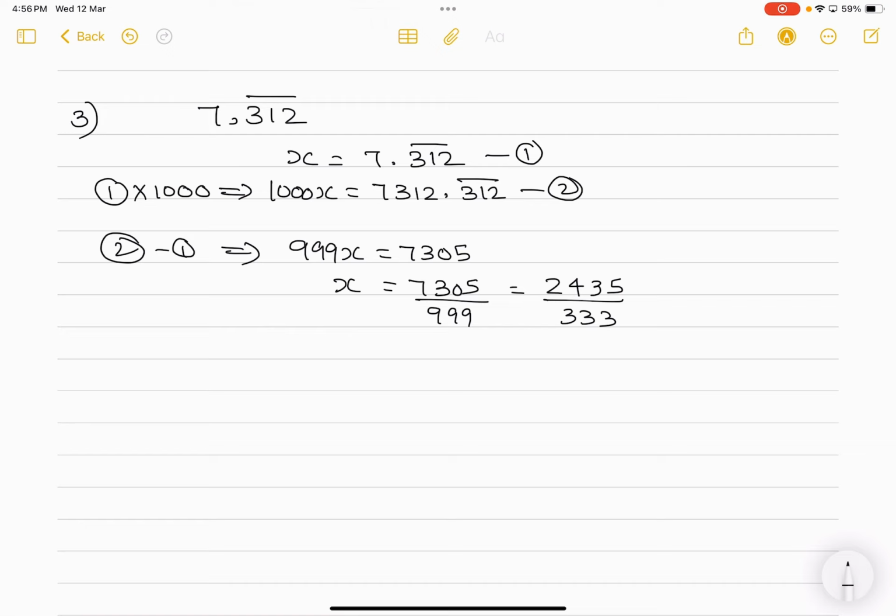Why only a 3-digit number? My dear, subtracting 7 from a 4-digit number, it will not become a 3-digit number. What's wrong with you all? 7305. 7312 minus 7, you don't know how to do, children.